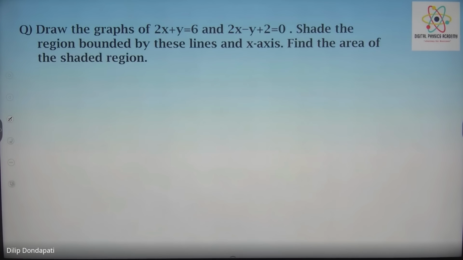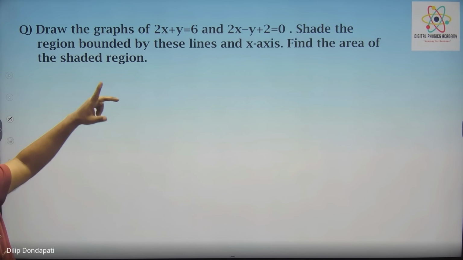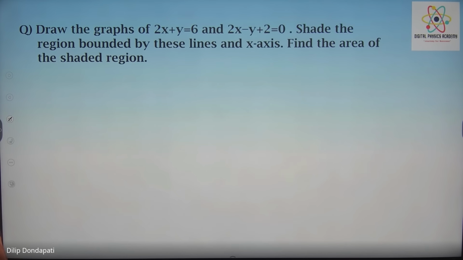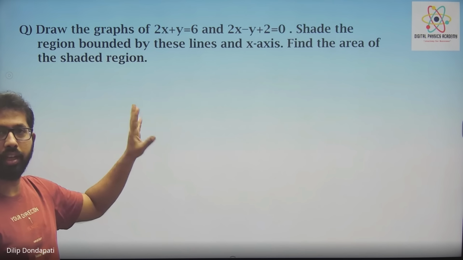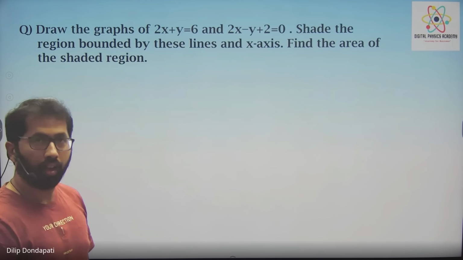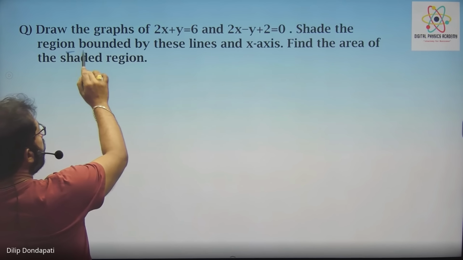Draw the graphs of this one. Shade the region bounded by these lines with the x-axis and find the area of the shaded region. Plot neatly. Very small equation, right? Take 2 points, x is 0, y equal 0. Solve quickly. Sir, after plotting, we should find the area. The area of which region?